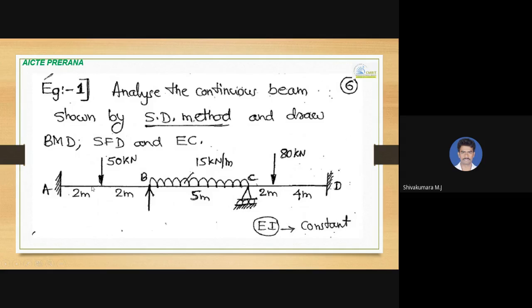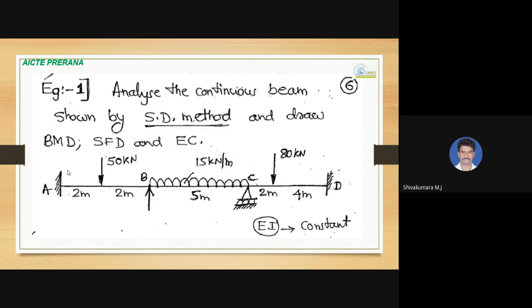If you see this beam, support A and support D are the end supports, and support B and support C are intermediate supports. So the net moment at B and the net moment at C will be equal to 0. That is, MBA plus MBC will be equal to 0, and MCB plus MCD will be equal to 0.